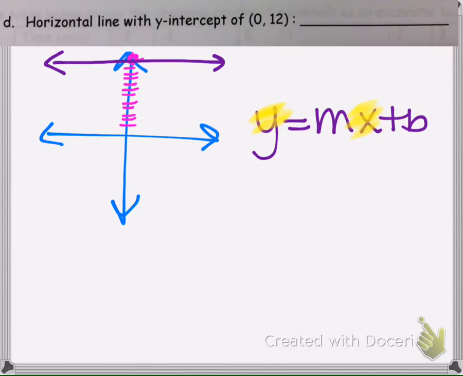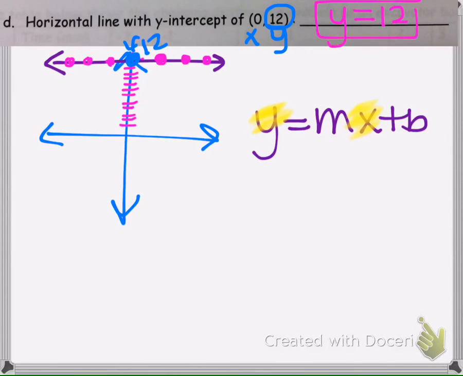So here it goes through at 12. It intersects the y-axis here. So in an ordered pair, that means that every point here goes up to 12. Every point here goes up to 12. So all these points have a y value of 12. So that is our equation, y equals 12.